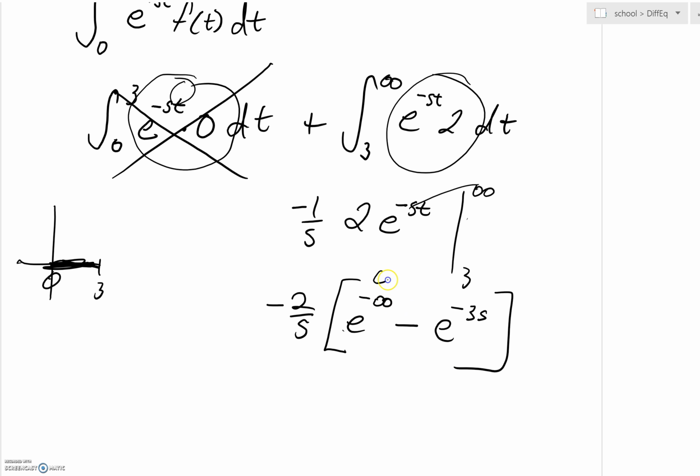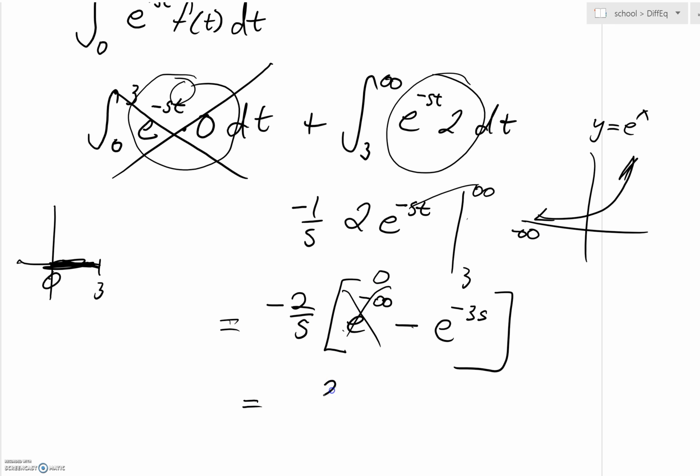That happens to be 0, because when you look at the graph of e to the x, we can see that thing's going to be going to 0. So what's your final answer going to become? Negative times a negative is a positive. Here's 2 over s times e to the negative 3s. Once again, you can't use your shortcuts, but you can still work it out with basic calculus. Okay?